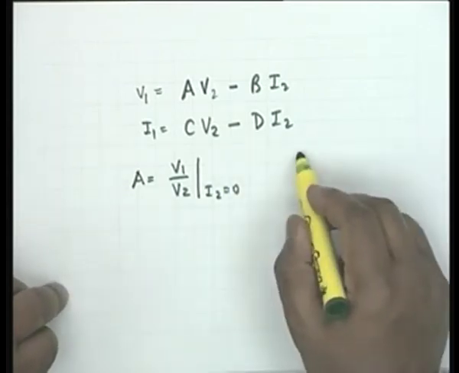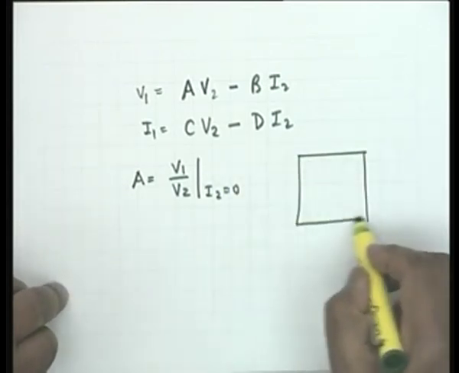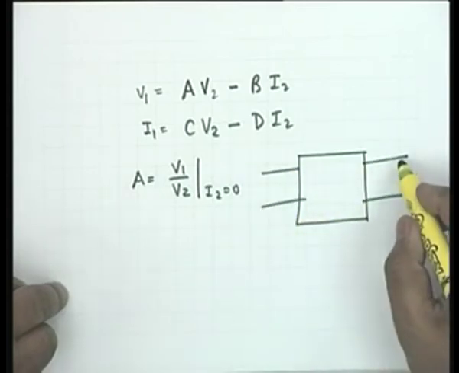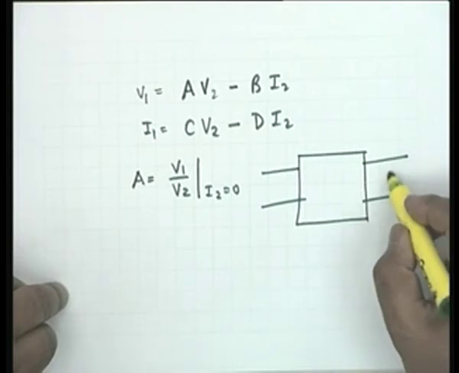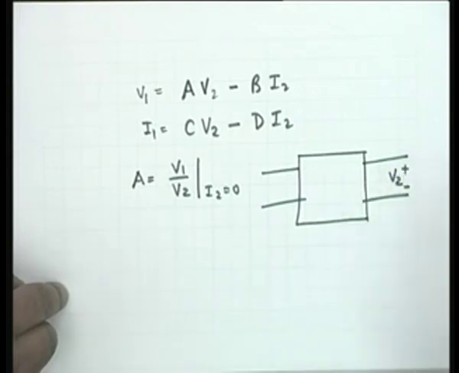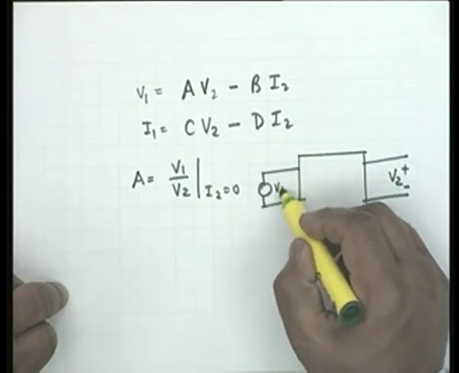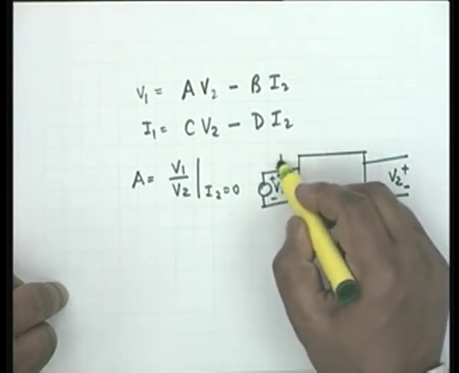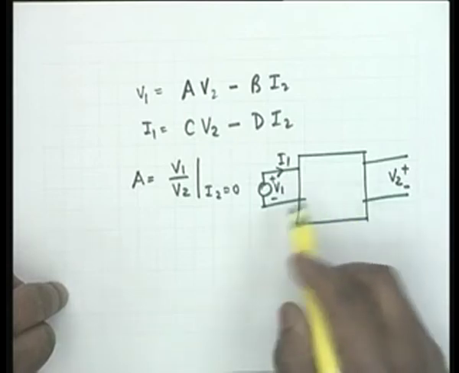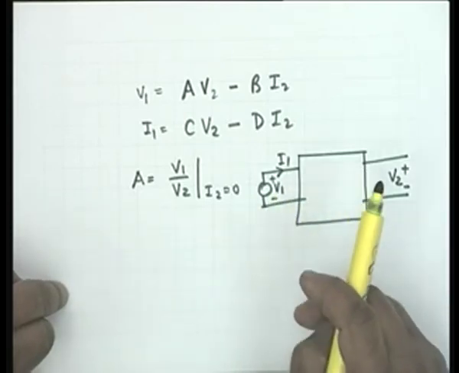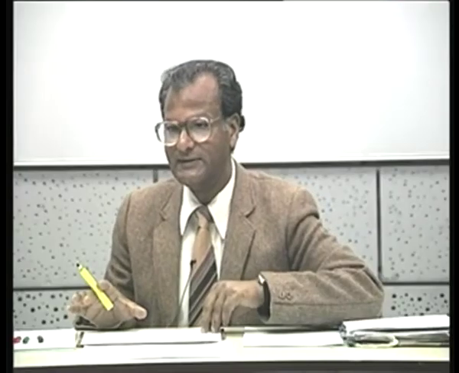Now, what does this mean? Let us draw the 2 port. I2 equal to 0 means port 2 is open, and therefore the measurement is of V2 with a V1 here, which means that V1 is the independent supply, the generator is V1, not V2.